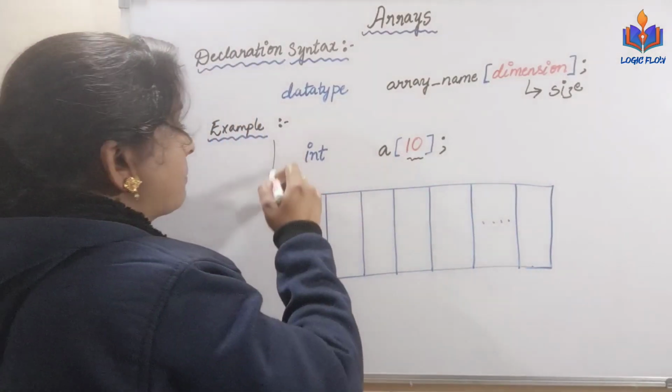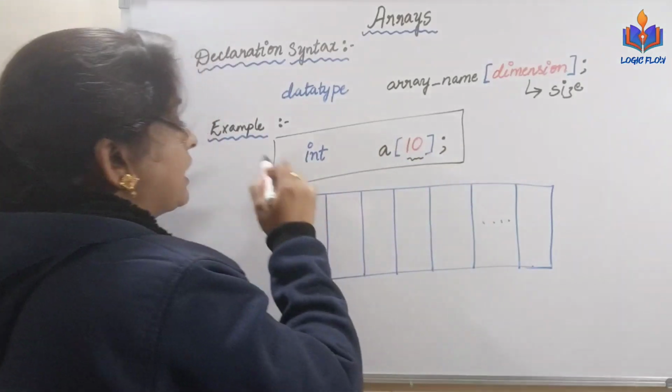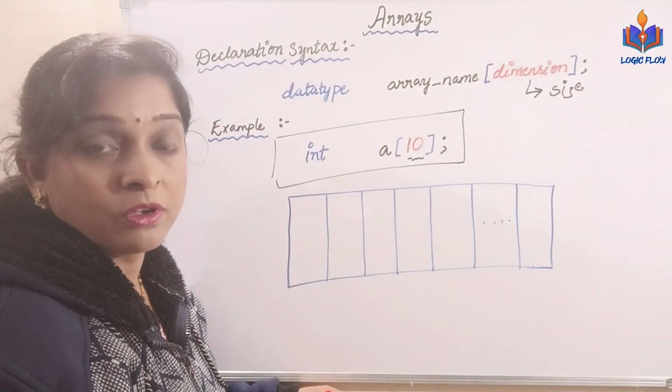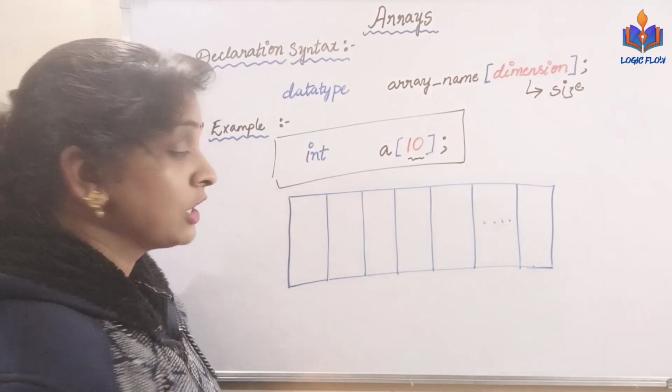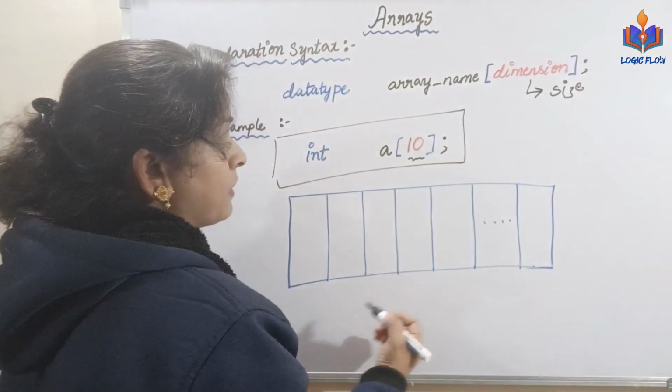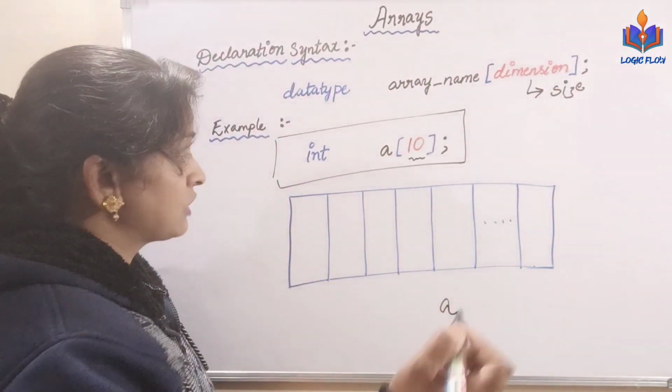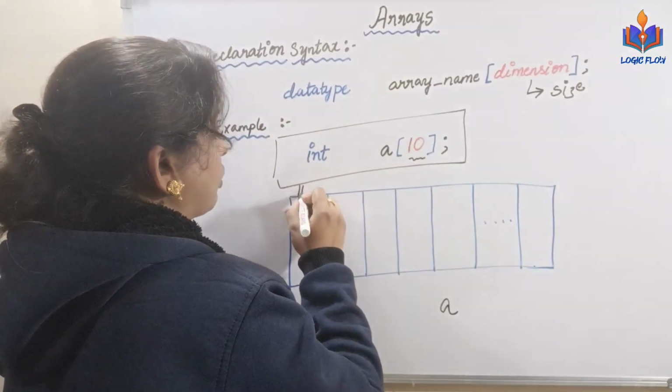As soon as the compiler encounters this array variable declaration, it is going to allocate the memory. How is it going to allocate the memory? For this complete block of memory, the common name is A. For example, the memory is allocated from 101.